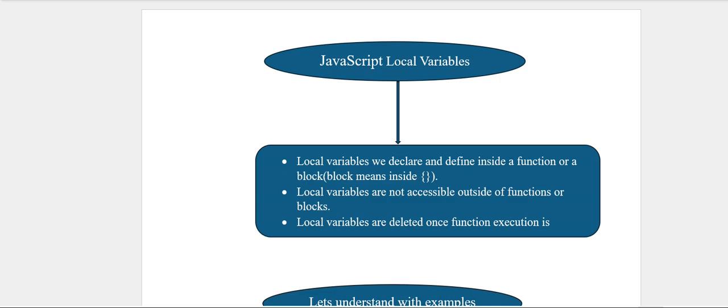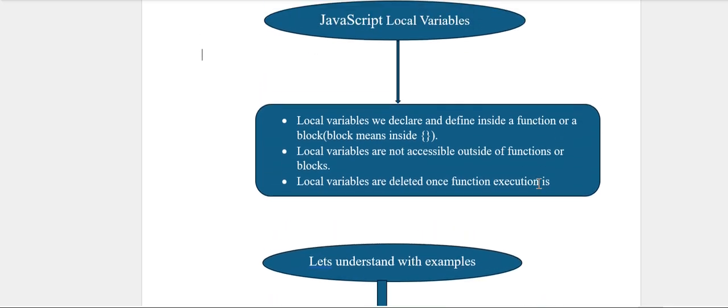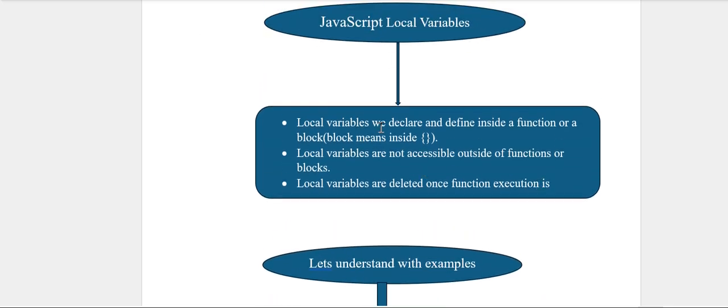So let's start with local variables. What are local variables? Here we have a definition: local variables are declared and defined inside a function or a block. This means the local variable scope will be function scope or block-level scope. Function-level scope means a variable written inside the function cannot be used outside of the function.